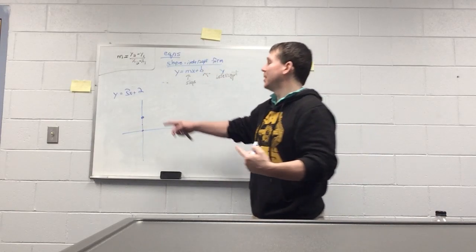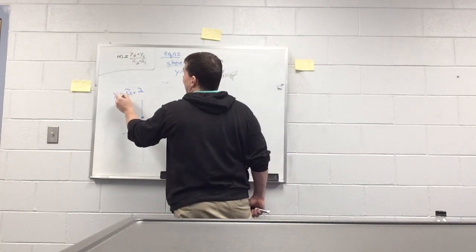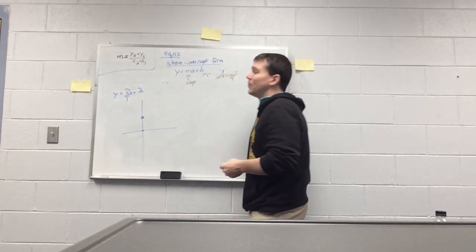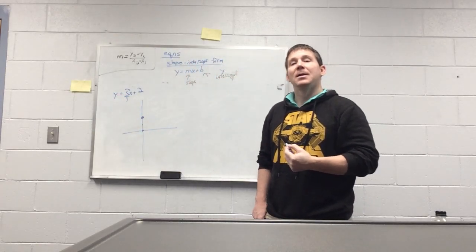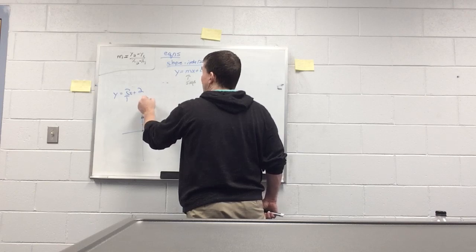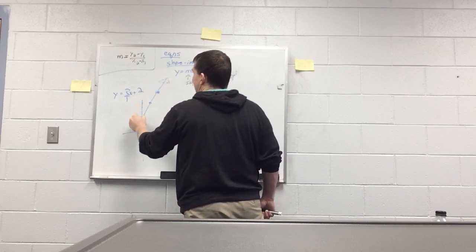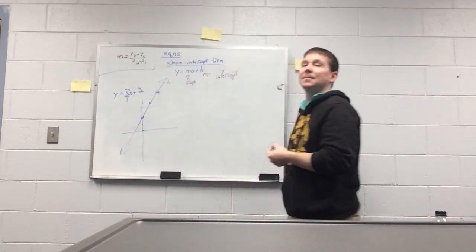Now I use my slope. My slope is 3, and we know all slopes are fractions, so that's really 3 over 1, which means I go up 3 over 1. I don't draw it perfectly straight, but now I can actually see my line.